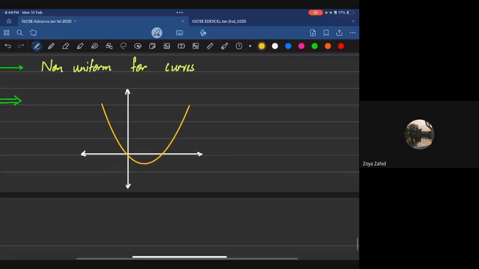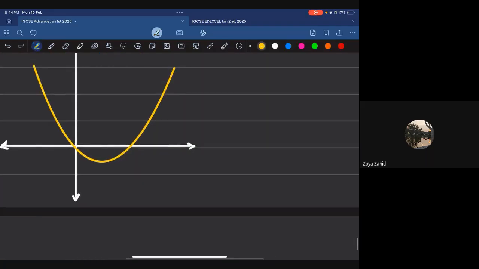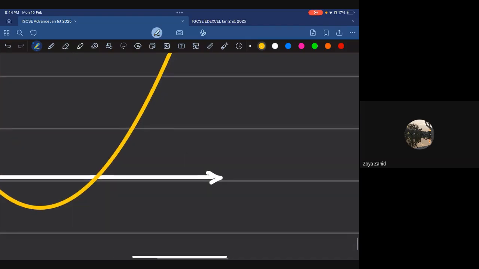If I want to calculate the gradient at, let's say, let me zoom in, at this point, right?